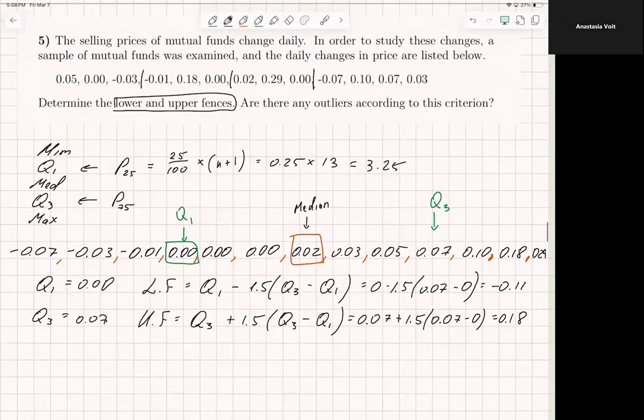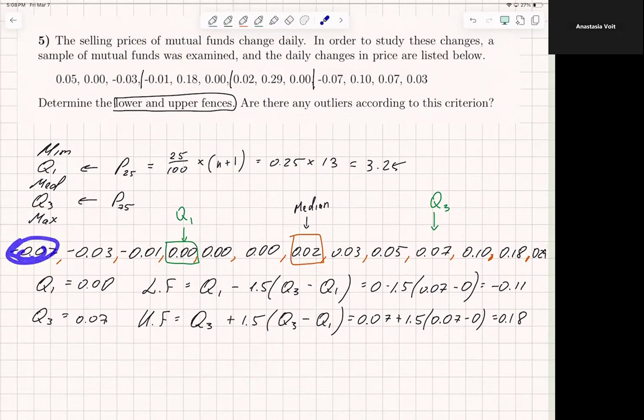Now let's look at the data. Do we have any outliers? Do we have any values that are greater than 0.18 or smaller than negative 0.11? So our smallest value is negative 0.07.